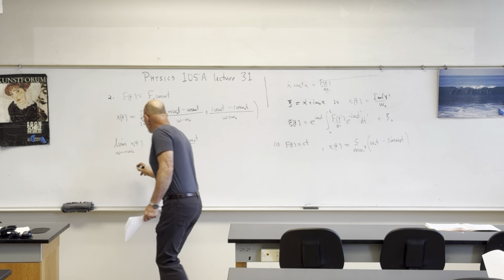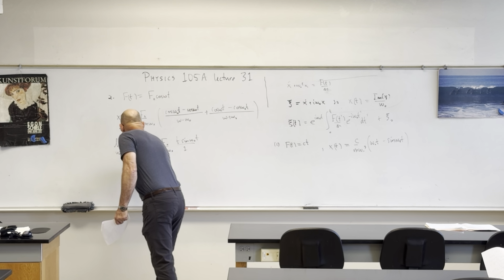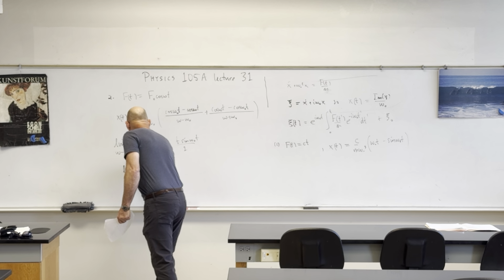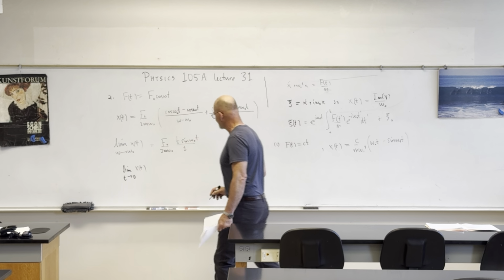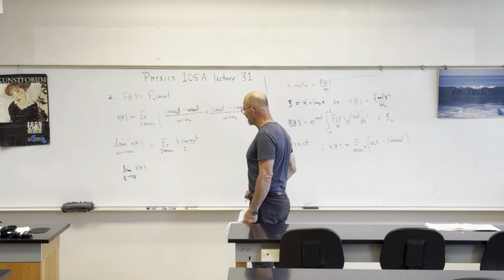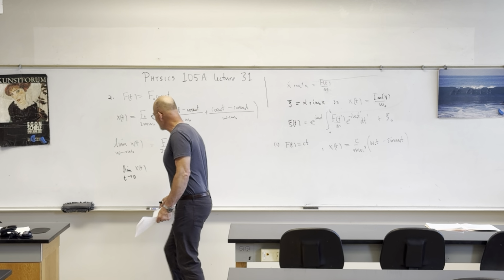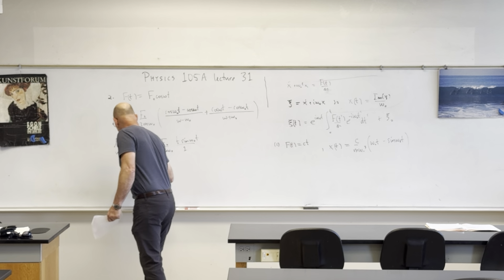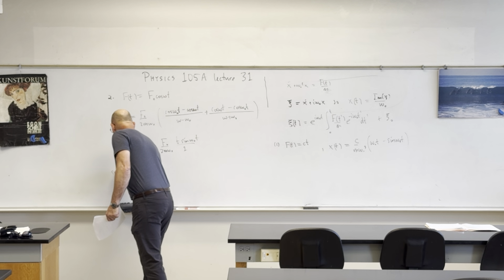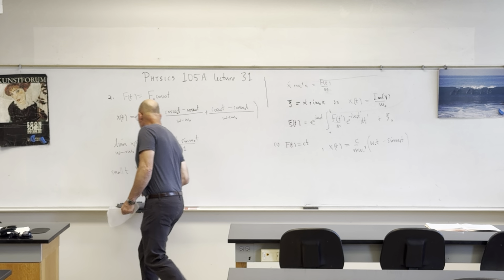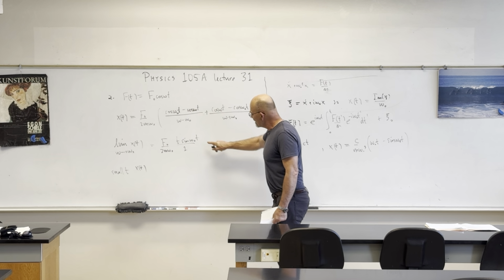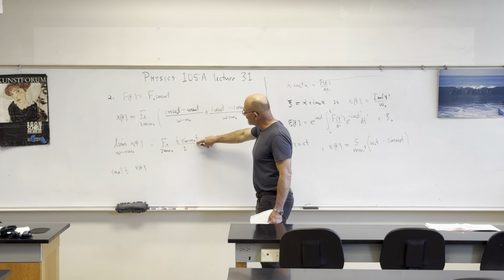Well, you can take the limit here, the limit as t goes to 0 of x of t, and then for small t, we just take the linear approximation to the sine, right?